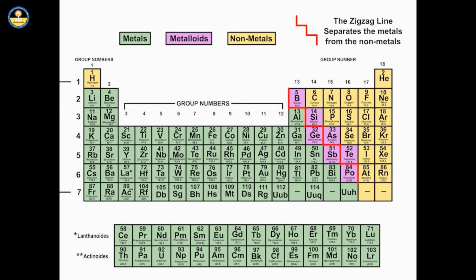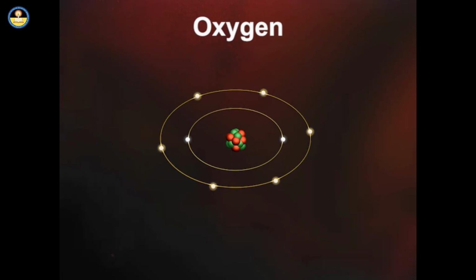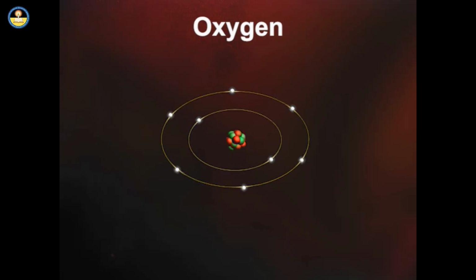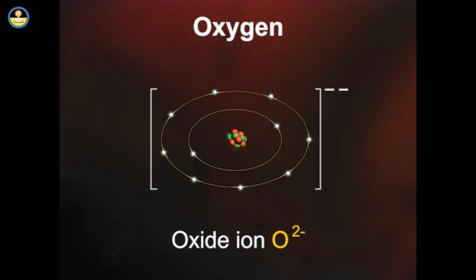The oxygen atom belongs to group 16 of the periodic table. It has 6 valence electrons. It requires 2 extra electrons to achieve the noble gas configuration and form O2- ion.